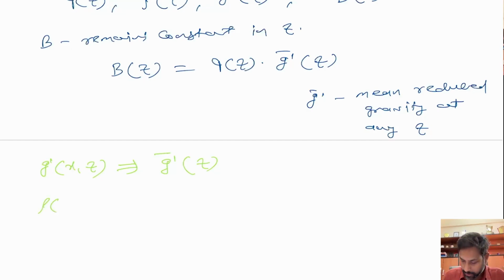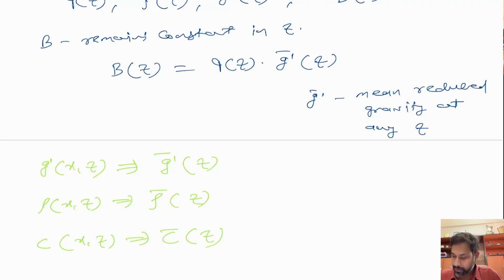Likewise, rho is a function of X and Z, but we define rho bar as a function of Z only, and concentration will also be a function of X and Z, but we'll define C bar as a function of Z only. Okay, so this variation that we have from left to right, and here we assume this is the X direction, we consider this to give us a C bar value.